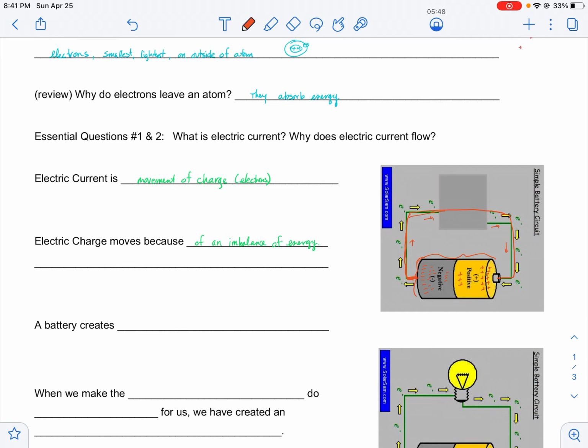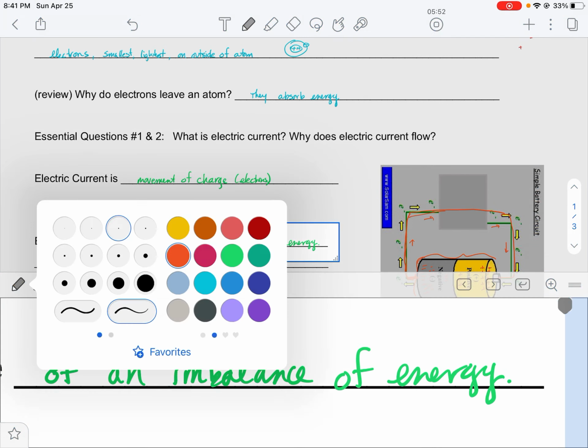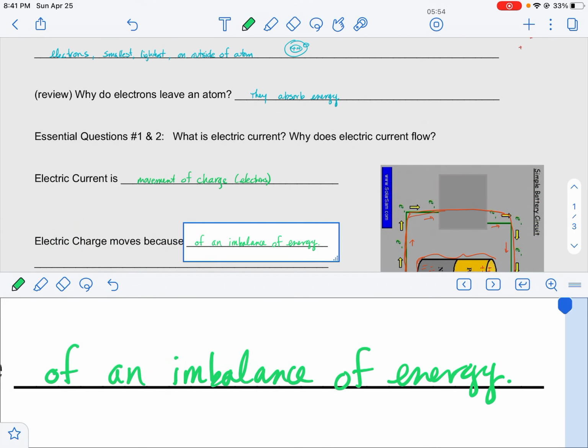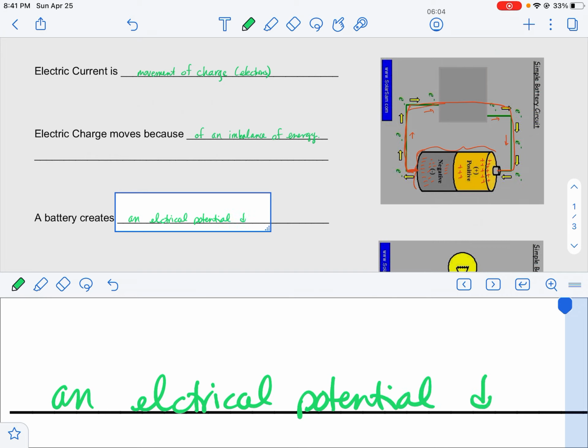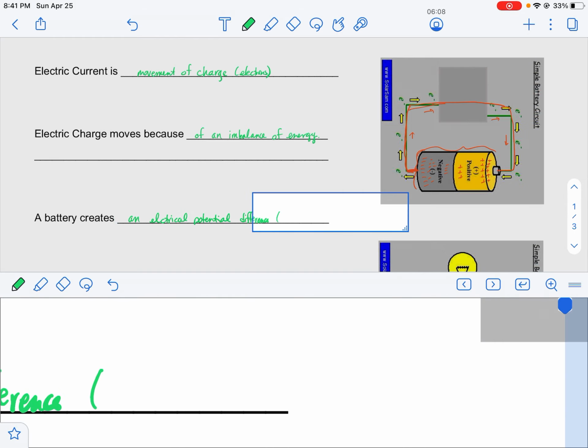Okay, so what does a battery do? A battery creates what's called an electrical potential difference, which is the same way of saying a potential energy, right?